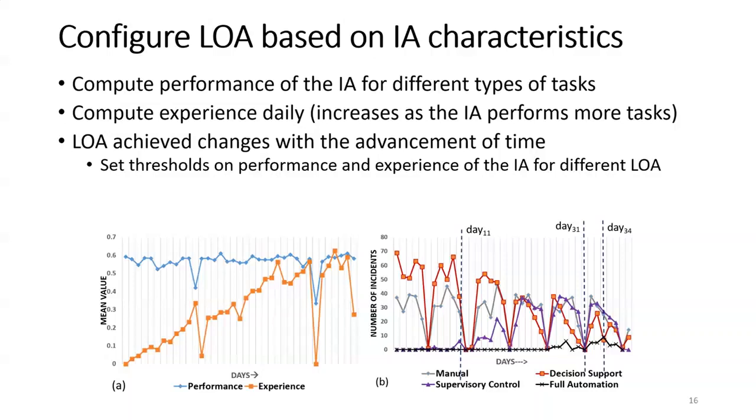So here's how, with over a period of time, different levels of automation can be achieved. In the paper, we've also illustrated this with another example of a chatbot. But essentially, we present the same approach of evaluating the performance of the intelligent agent and then configuring different levels of automation.